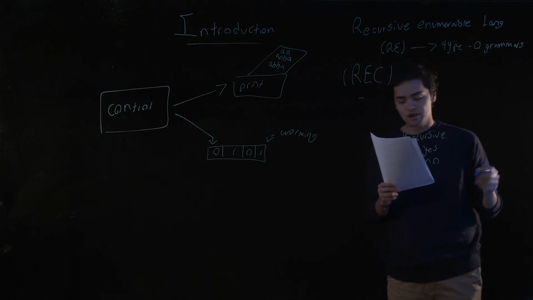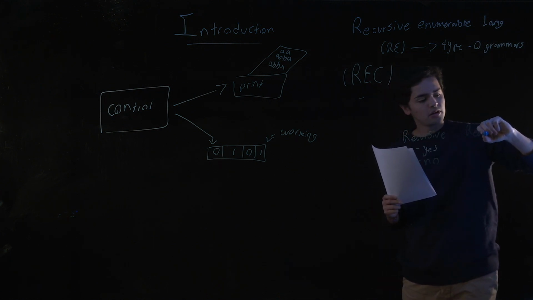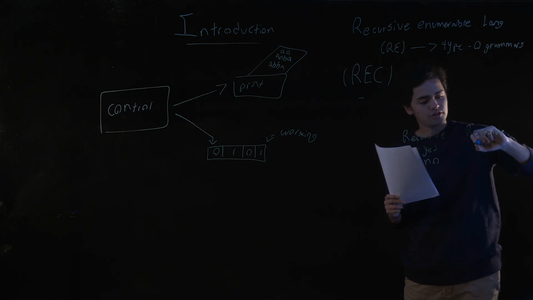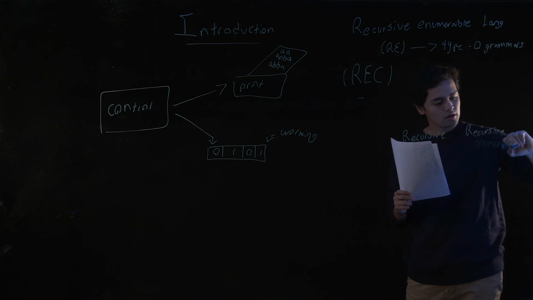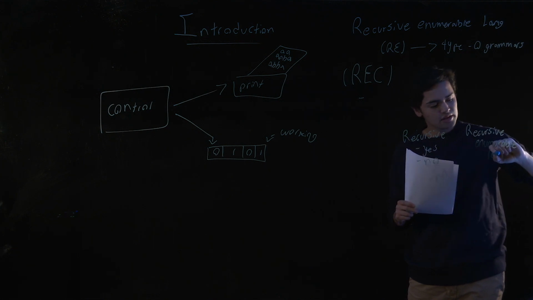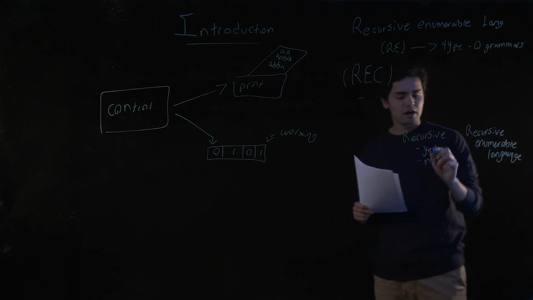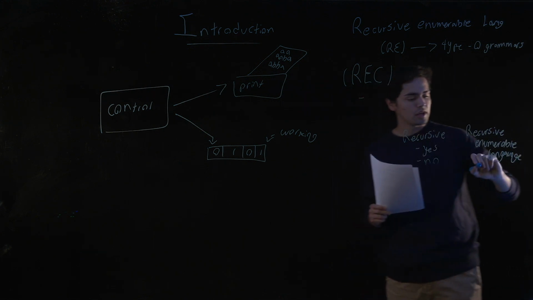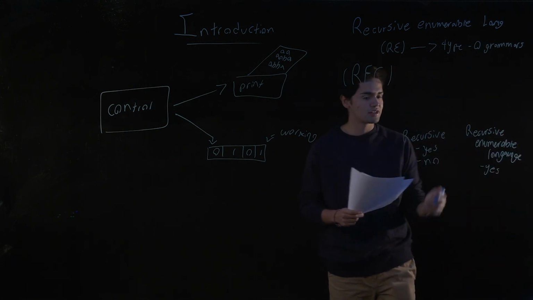If a given string is part of this language, if we lift this requirement to merely say yes for the strings of the language, then the following will happen. We're going to have a recursive enumerable language. And the reason that this happens is, as we stated, we're going to lift the requirement to not accept no. It will now only accept yes, which is why it's recursive and enumerable as opposed to recursive.